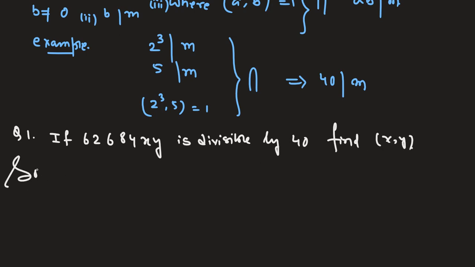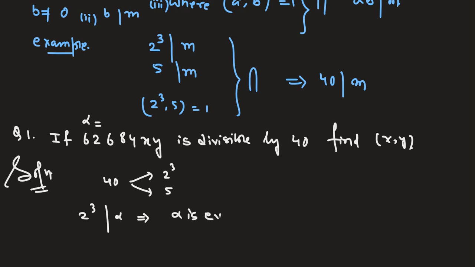So now, first of all, the number is divisible by 40. So the number is divisible by 40 if and only if it is divisible by 2 to the power 3 and 5. If I call this number alpha, since 2 to the power 3 divides alpha, it implies that alpha is an even number.